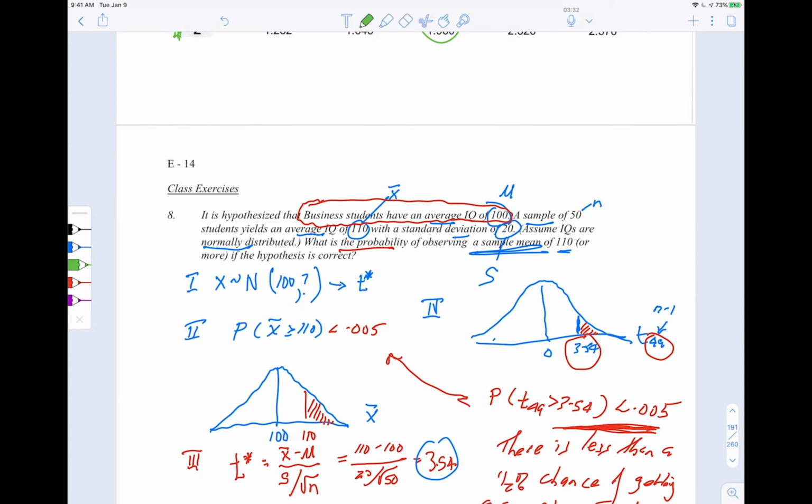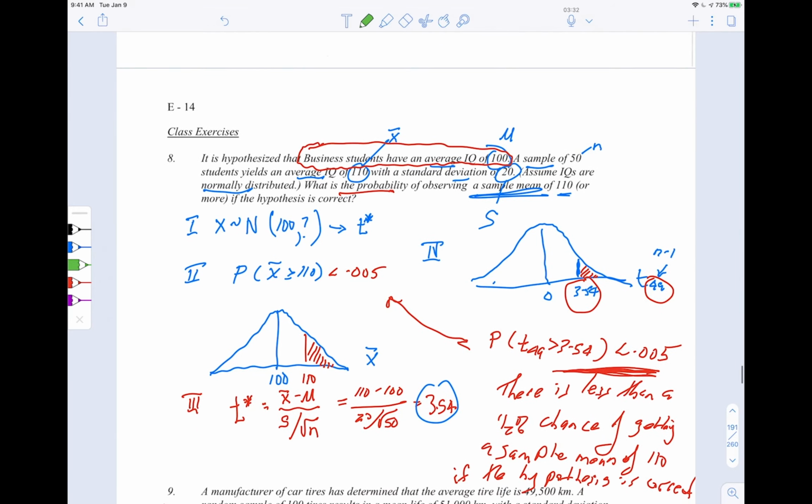And so what we did in this particular case is we noted that because we don't know what sigma is, we have to use s, and so that makes it a t distribution. We're looking for the probability of getting an x bar greater than or equal to 110, and that is shown in the picture down here, right there.